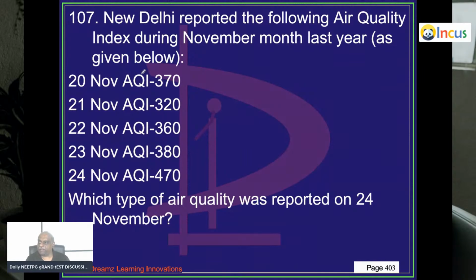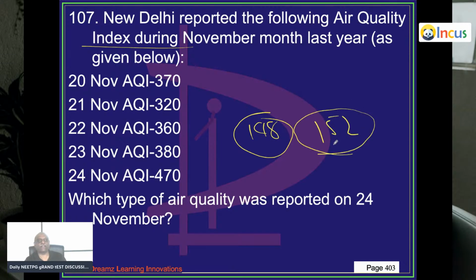New Delhi reported the following air quality index. You know how much is the air quality index in Hyderabad? 148, 152, like that it keeps fluctuating. If it is less than 100, it is good. Right? Up to 120, it is considered to be hazardous to the sensitive group.